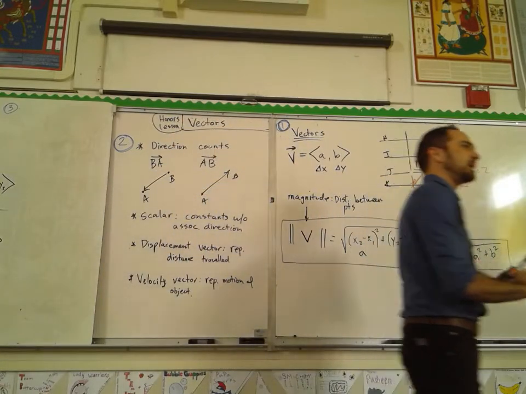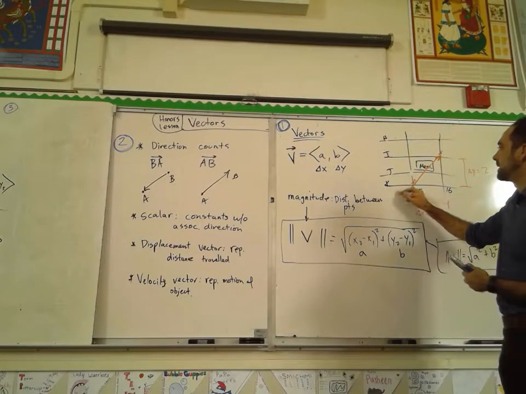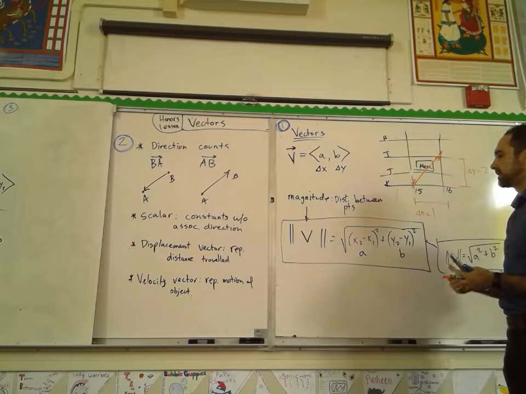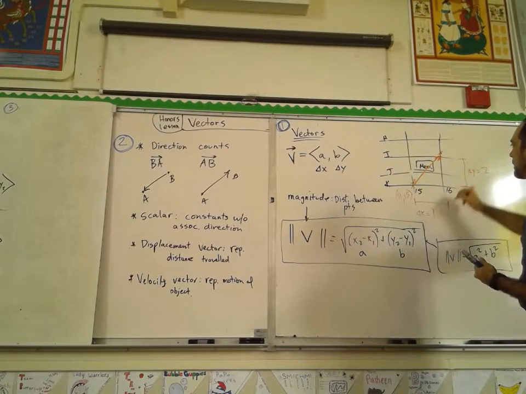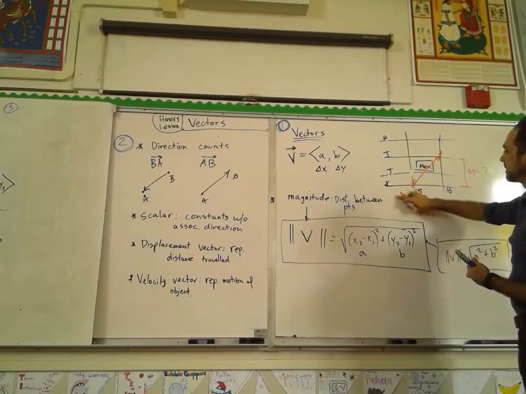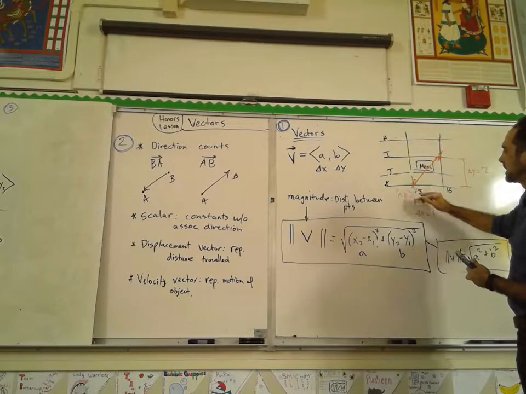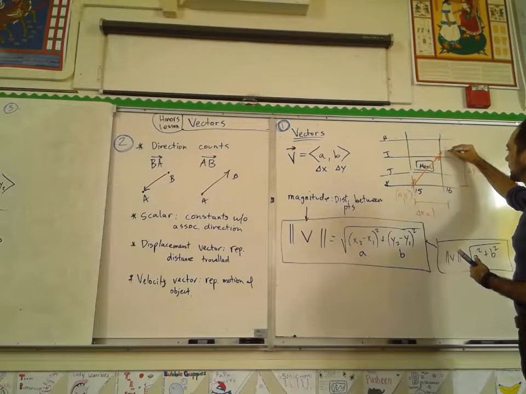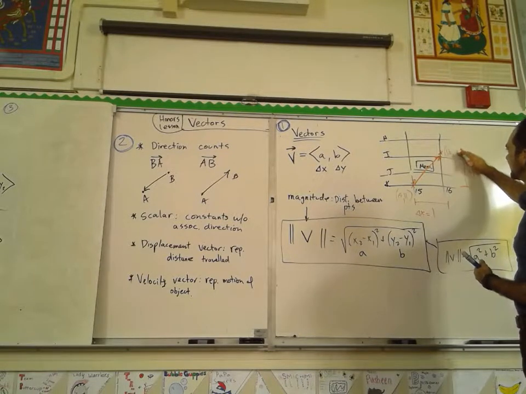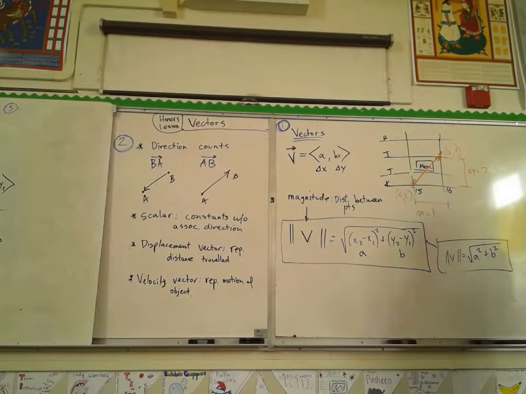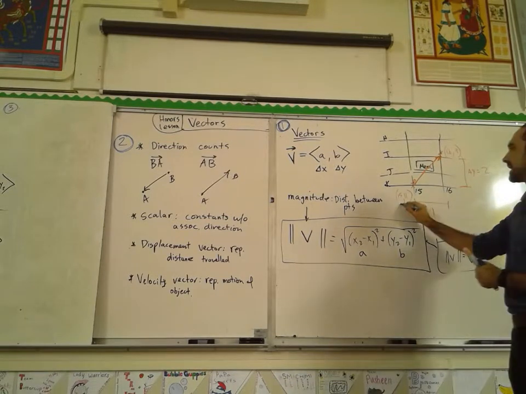If this is the point 15, 11, and the other is 14, 16, and I was going between those 2 points, I'd say that's x1, that's y1.